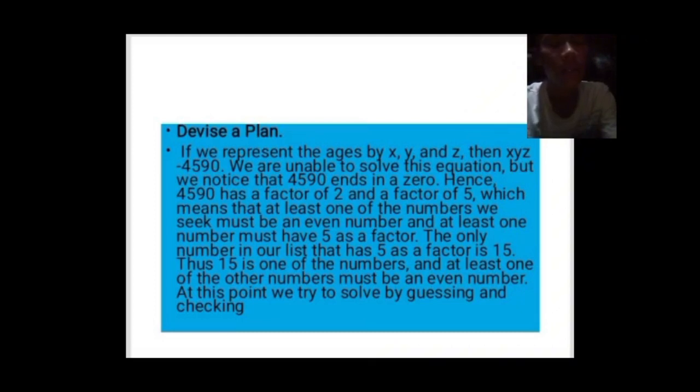The only number in our list that has 5 as a factor is 15. Thus 15 is one of the numbers, and at least one of the other numbers must be an even number. At this point, we try to solve by guessing and checking.